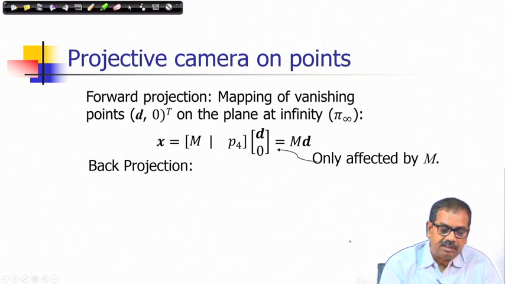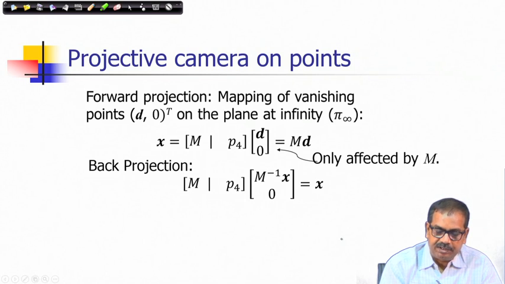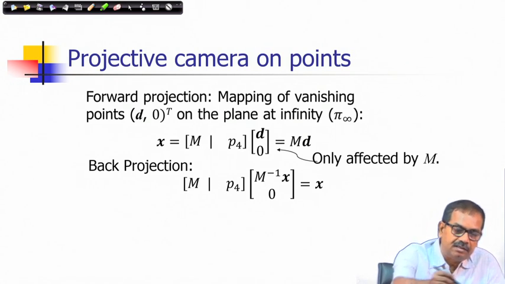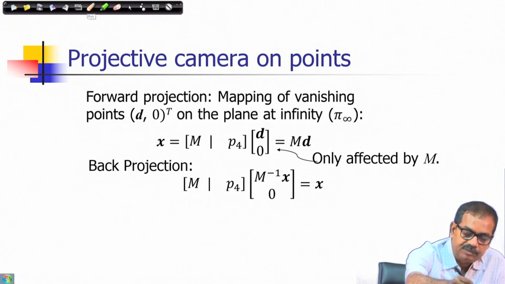The back projection can be defined as the ray formed by the camera center with the image plane, and you can express that ray in the world coordinate system. That is how the back projection is expressed. If I consider a point M inverse x, 0, it is a point lying in the direction of M inverse x.